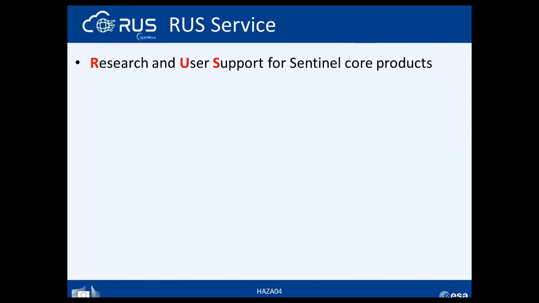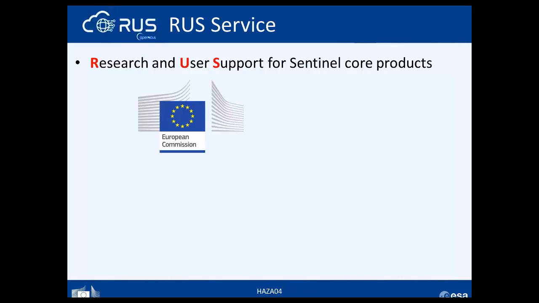So first about RUS service. So what is RUS Copernicus? It stands for Research and User Support for Sentinel Core Products. And it is an initiative funded by the European Commission and managed by ESA, with the objective to promote the uptake of Copernicus Sentinel data and support R&D activities.